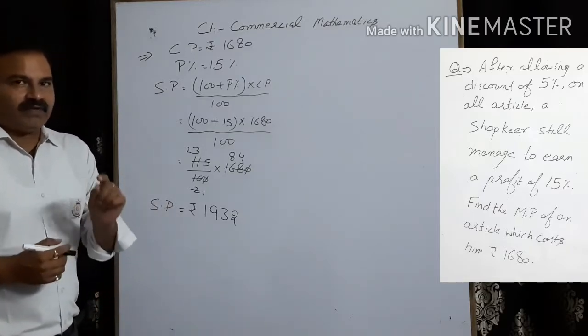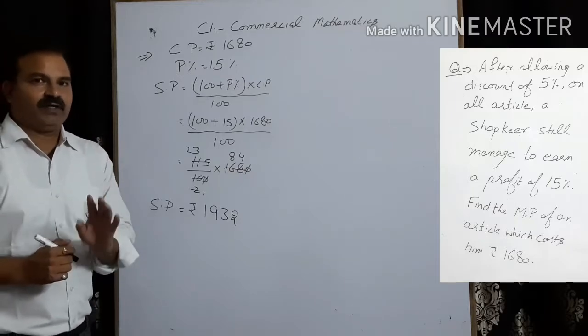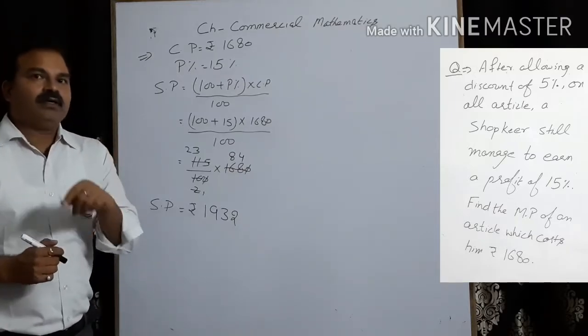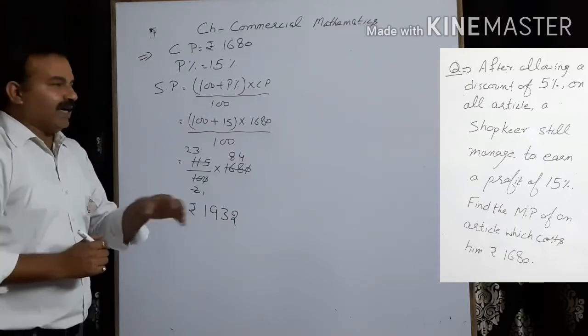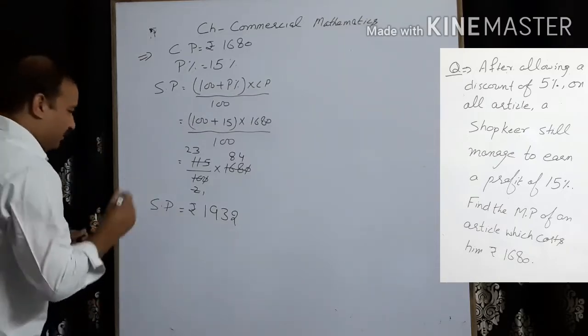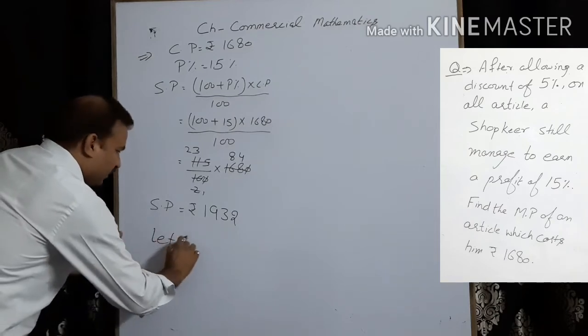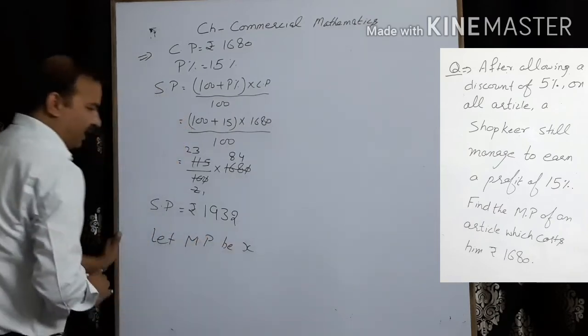Now they have given us a discount of 5%. The discount percent is 5. Now discount depends upon MP, that is mark price, whatever is printed. As MP we do not know or they have not given, let us consider MP. Let mark price be x.